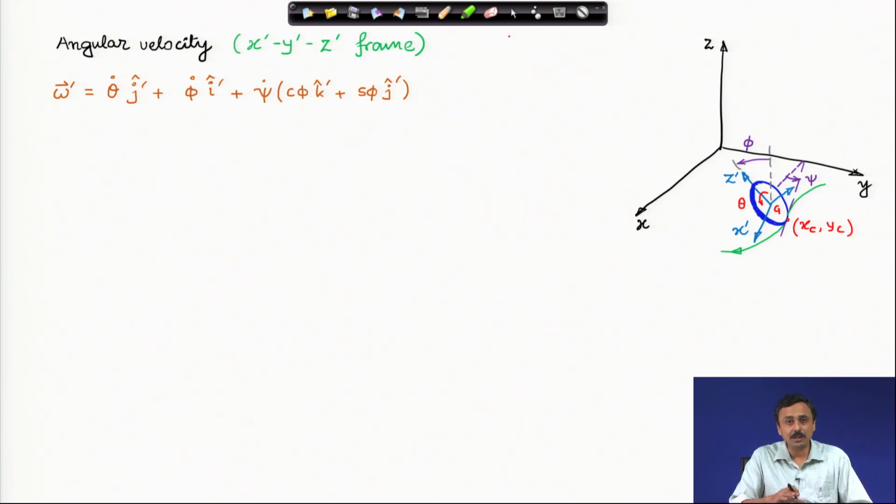This frame is not a body-fixed frame, but it is very interestingly chosen, so that even if the coin spins, its moment of inertia tensor in this frame remains invariant, because the coin is an axisymmetric body.